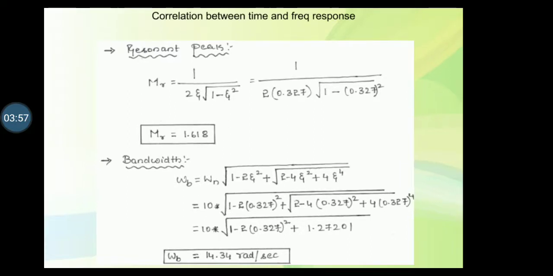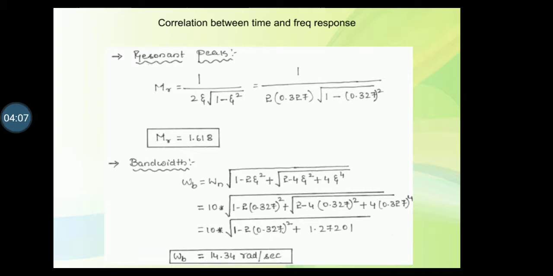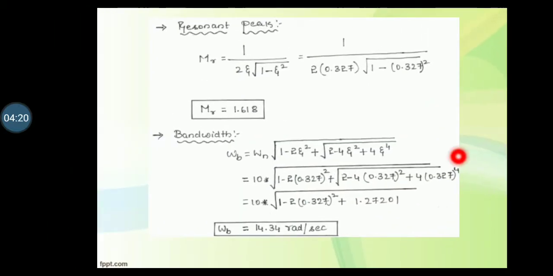Now we'll find the bandwidth. We have bandwidth equal to ωn into root of 1 minus 2ζ² plus root of 2 minus 4ζ² plus 4ζ⁴. Substituting all the values, it is 10 into root of 1 minus 2 into 0.327 squared plus root of 2 minus 4 into 0.327 squared plus 4 into 0.327 raised to 4.